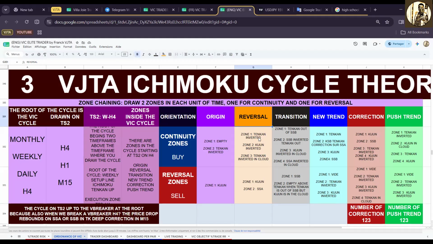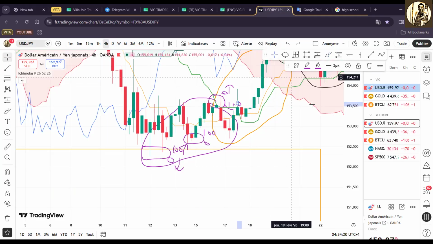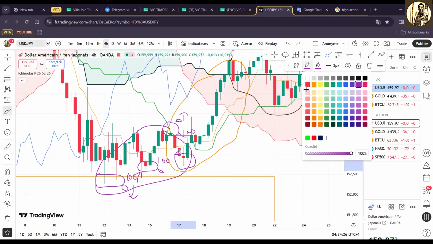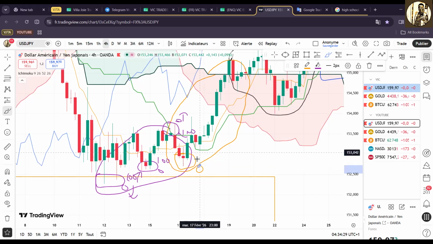Now for the reversal cycle, the zones of continuity you have are Tenkan inverted, Kijun inverted, Tenkan inverted in cloud. Let us take the reversal cycle. You have Tenkan inverted here with 0 and 100, right? 0% to go down and 100% to go up because there's no confusion.